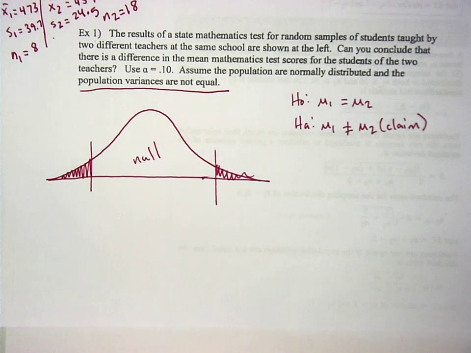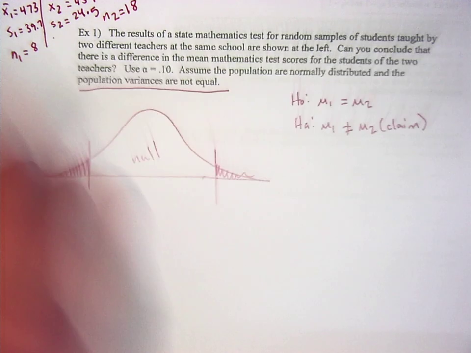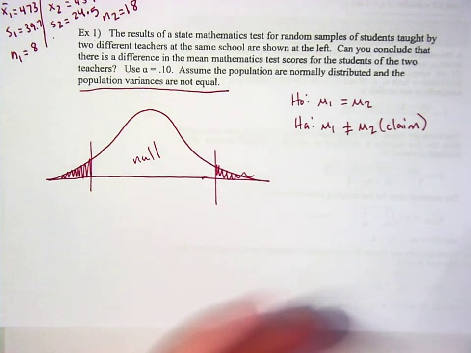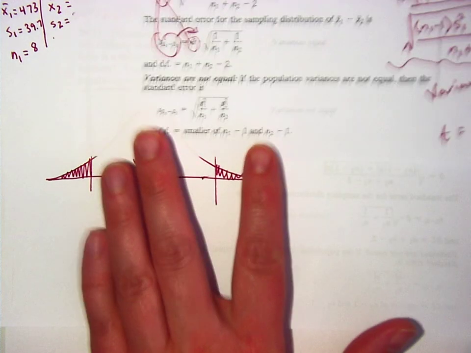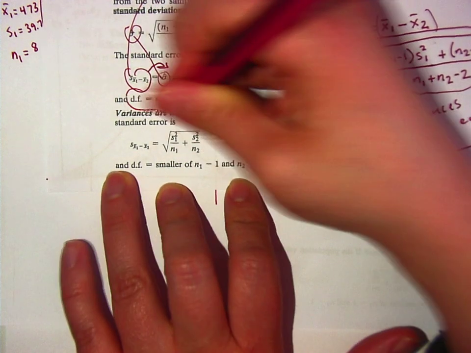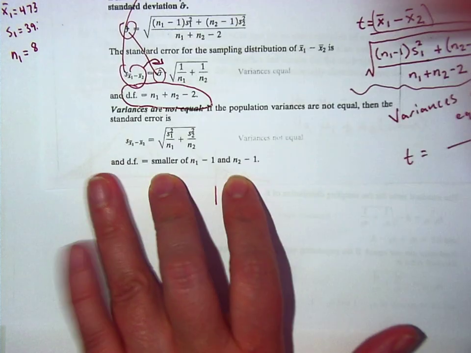Now, you need to know the degrees of freedom if the variances are not equal. If you look back at that first page, if it's pooled, the degrees of freedom is adding the sample sizes together and minusing 2.